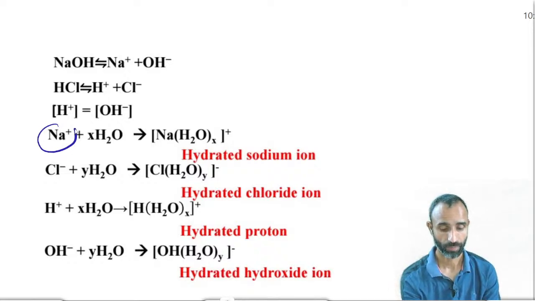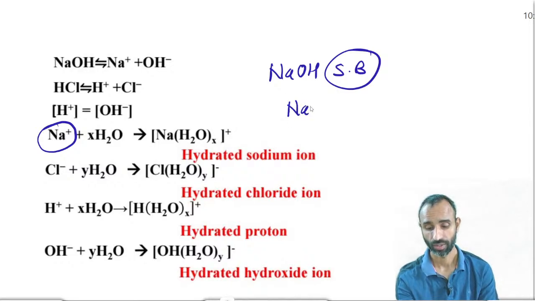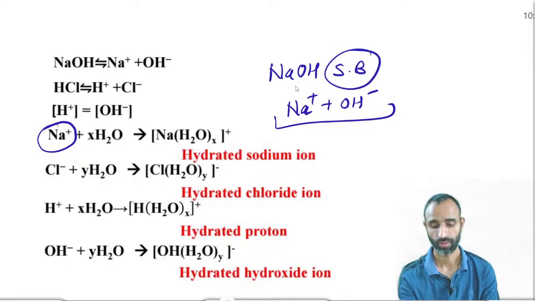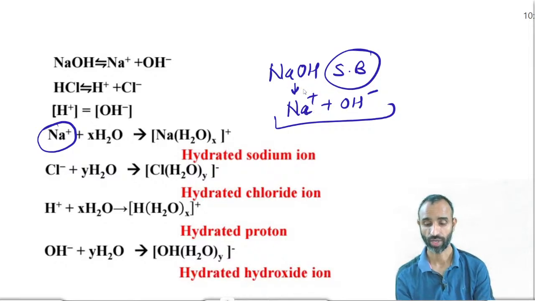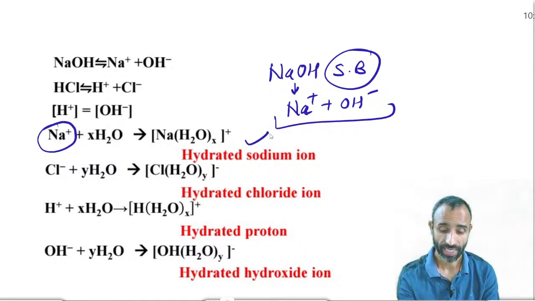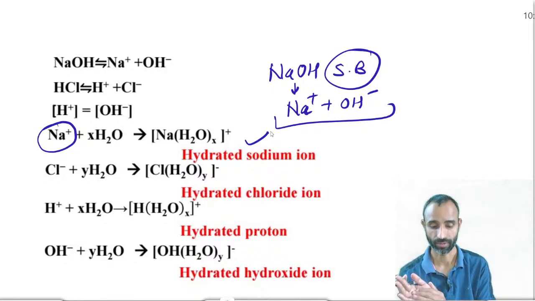So Na plus, you know, forms a strong base. So Na plus cannot be hydrolyzed because it is completely ionized into Na plus and OH negative. Therefore, it is not hydrolyzed, but it is hydrated. There is water surrounding it.